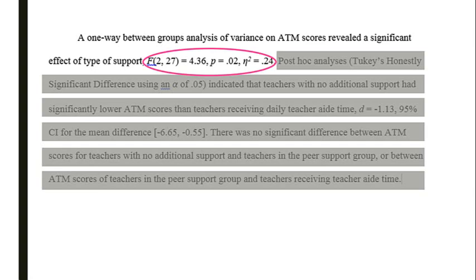Couched in words, a one-way between groups analysis of variance on ATM scores revealed a significant effect of type of support. So I've said in words what type of test I've used, what was my dependent variable, that the result was statistically significant, and what my independent variable was, all in words.